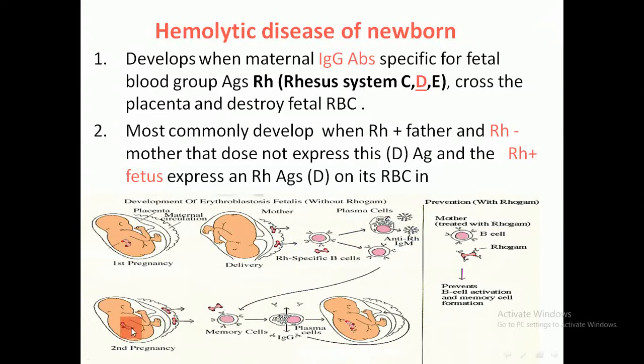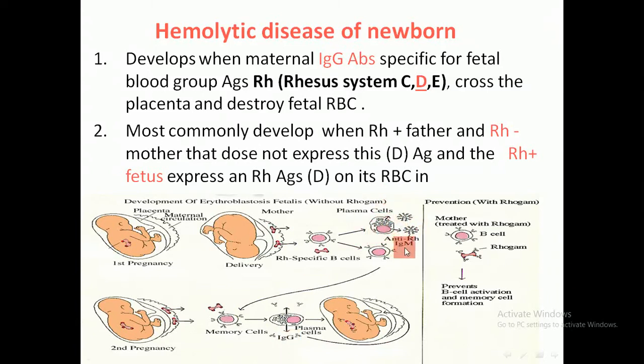While in the second baby, when it is Rh positive also like his father, during delivery the fetal RBCs, which are Rh positive, are transmitted through the placenta and go to the mother's circulation. And this leads to stimulation of the memory B cells. And these memory B cells will differentiate into plasma cells. And these secrete IgG because it is a secondary immune response.